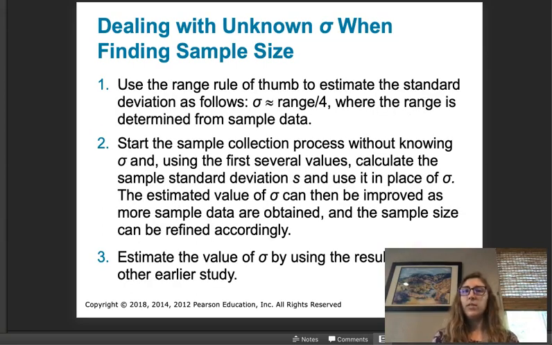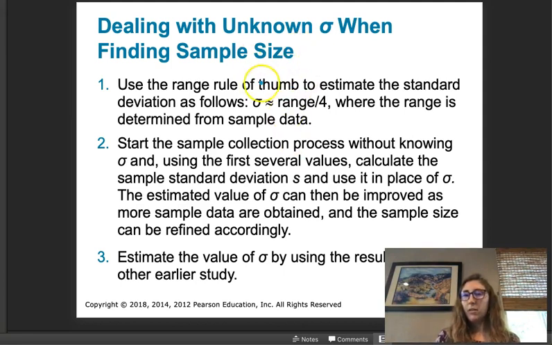So when we do not know sigma, there are 3 different things we can do. We can use our range rule of thumb to estimate, which is our range divided by 4. We could use some estimate from an earlier study, or we can start sampling and calculating our value of s and using that, and then replacing it as we continue to collect more data.